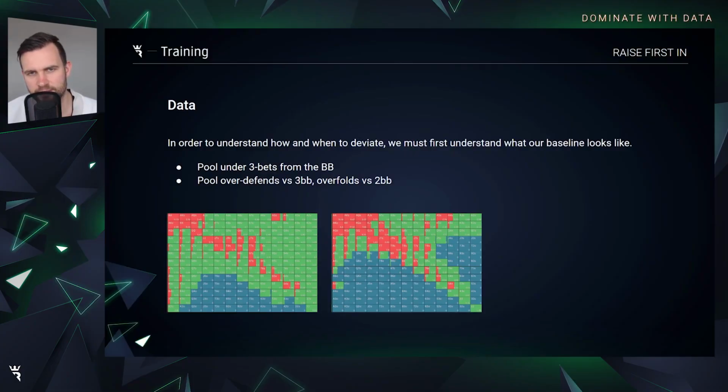When we raise first in, we want to gain an understanding of how often the pool 3-bets. If you are playing in any non-competitive environment, then this will be very true. The data incentives that I've laid out here: pool under 3-bets from the big blinds, a notorious leak by the pool, and then they overdefend versus 3 big blind opens and overfold versus 2 big blind opens.